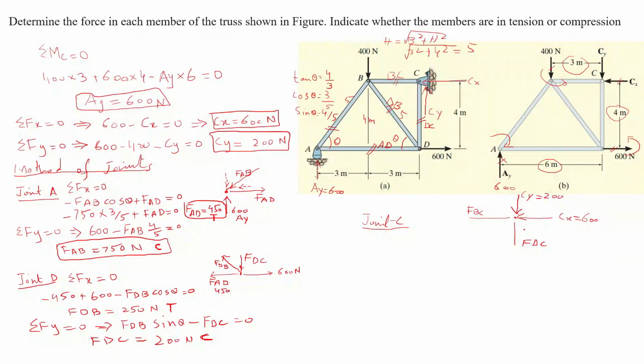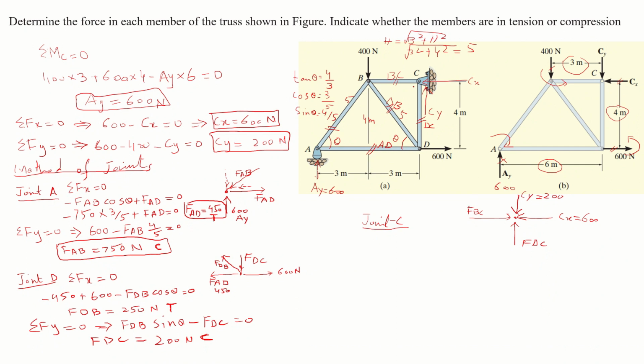This is member BC, and this is F_BC. So to counter this C_Y, which is on the downward side, we need F_DC to be on the upside. So this is the direction of F_DC, and as we know that C_X is on the left side, so F_BC should be on the right side.